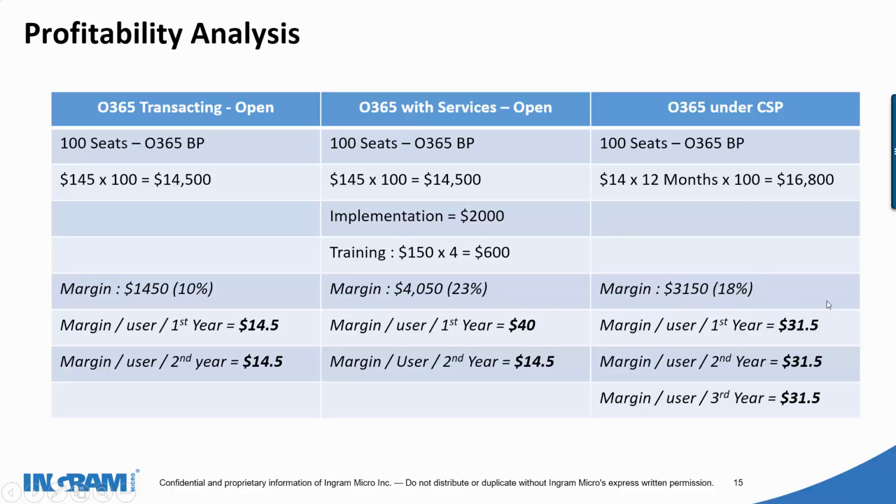But then because it is an annualized fee and there is no option of services separate and product separate, it is a bundle package, your margin is consistent over the next 3 years or as long as the customer is with you. So this is one of the most important things to look at.